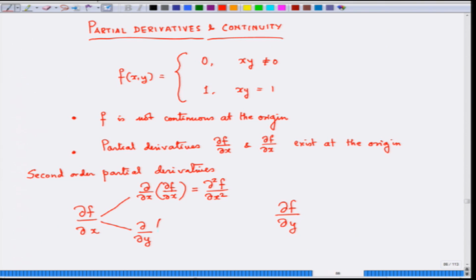So, this is called the mixed partial derivative when you have a combination of x and y in the derivative. This is symbolized as del 2 f del y del x. Similarly, from f, it is a partial derivative with respect to x and then a partial derivative with respect to y.